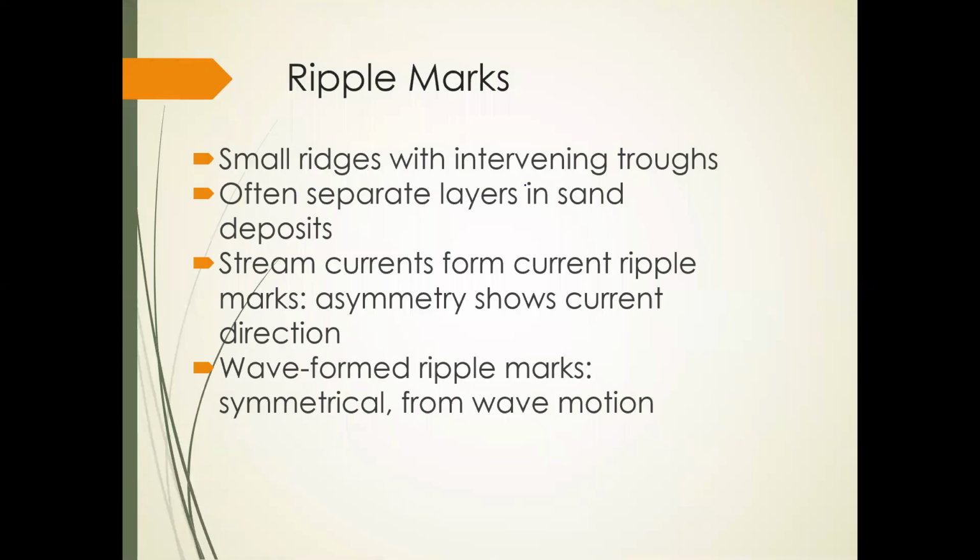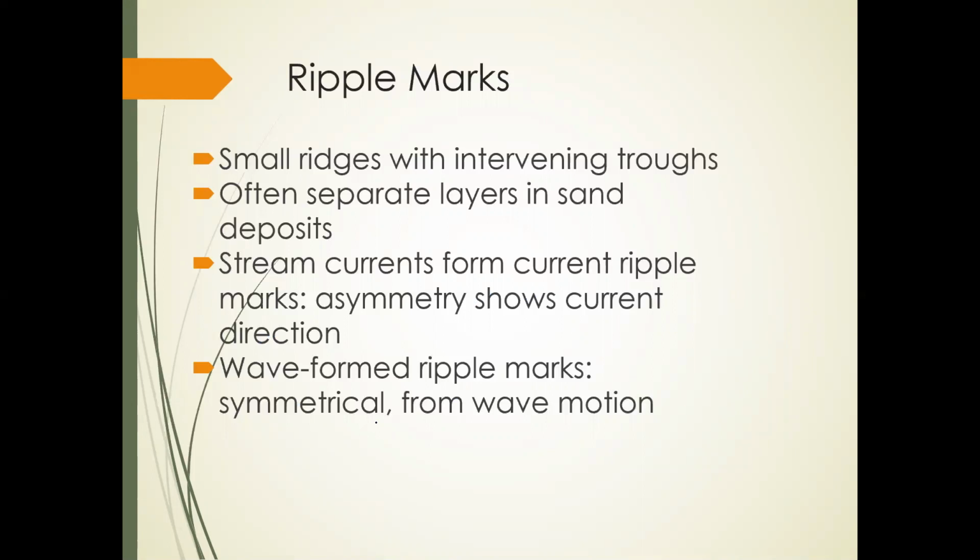Then ripple marks, small ridges with intervening troughs. So we have a crest and a trough, in sand, often in layers of sand, some in mud. Stream currents will form ripple marks, and the symmetry will show the direction of the current.